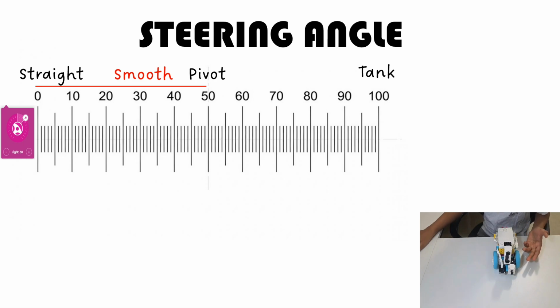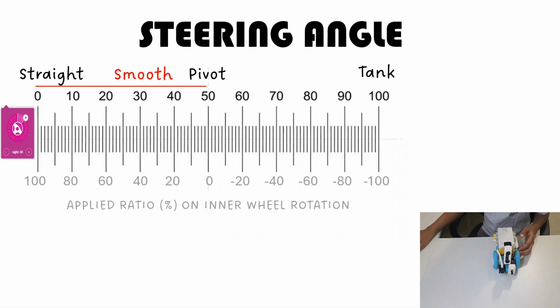Now, this might sound quite confusing, so I find the 100 to negative 100 scale more helpful. The 100 represents the inner wheel rotating at the same speed as the outer wheel and in the same direction, while the negative 100 represents the inner wheel rotating at the same speed as the outer wheel but in the opposite direction.